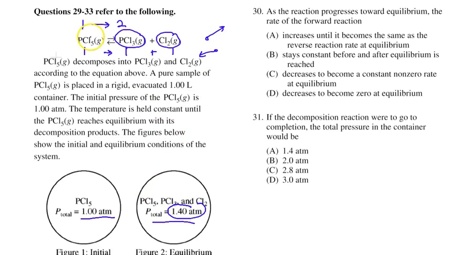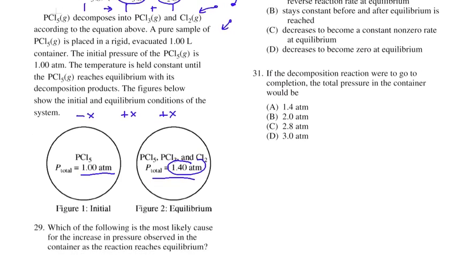Even though we say there's a minus x and a plus x here, overall we are going to increase the number of compounds. Yes, some of the PCl5 is going to go down, but for every one that goes down, you produce two. So there's an increase in the total number of particles, and the more gas particles you have, the greater the number of collisions.